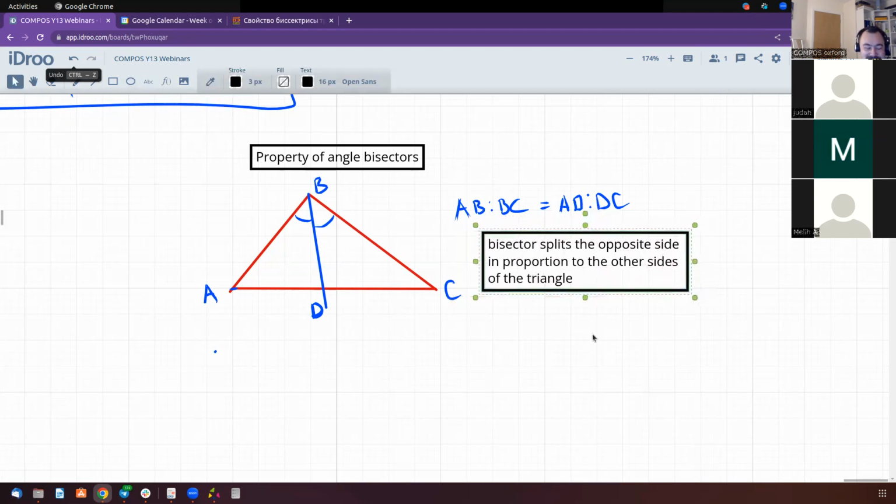So it's quite an interesting result. How do you prove it?